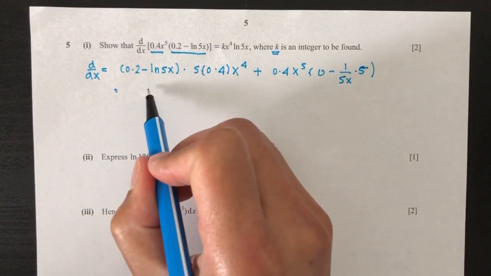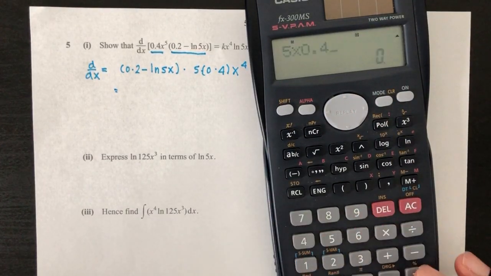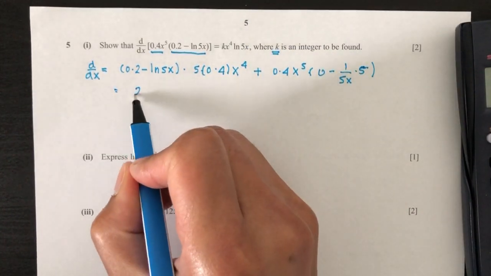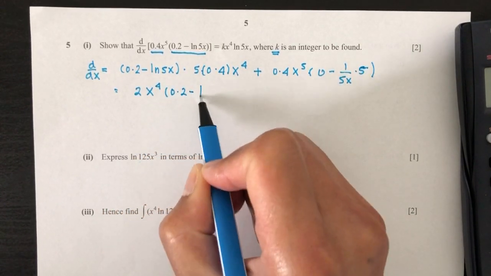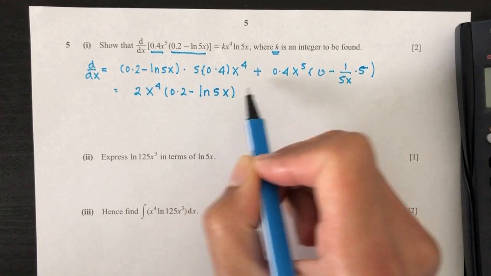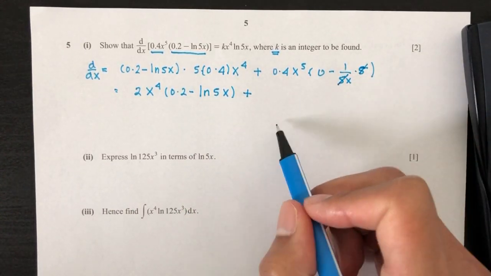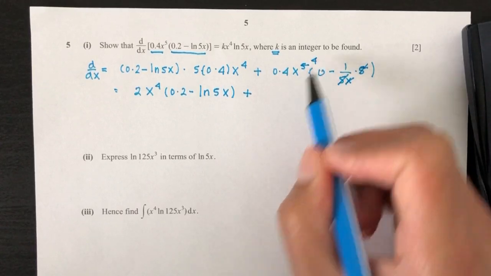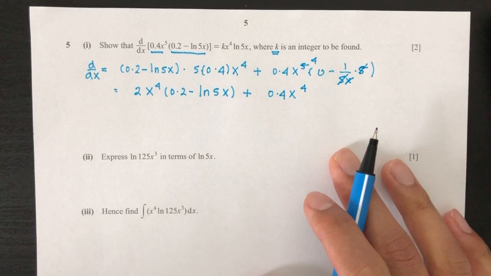So what is 5 times 0.4? That should be 2. So you have 2x to the power of 4 times (0.2 minus ln 5x) plus, the 5 cancels out, the x cancels out, you have 0.4 x to the power of 4. Now we can factorize.